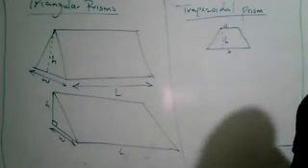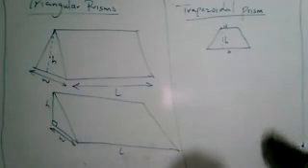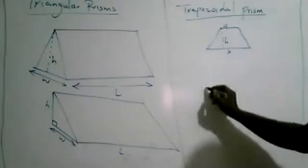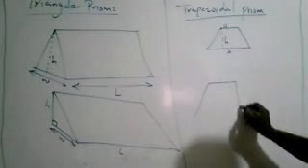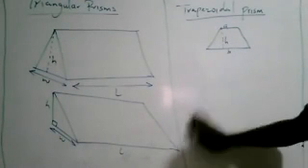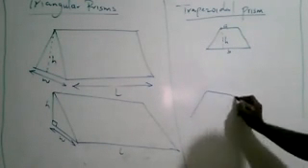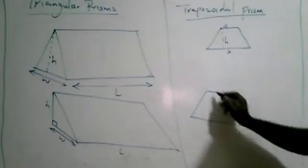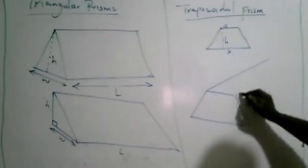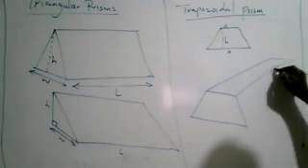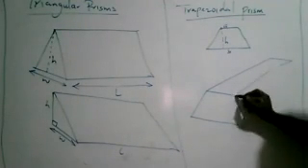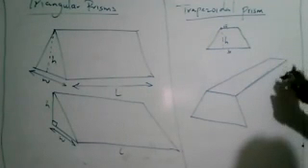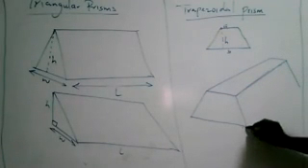Your trapezoidal prism is just something like this. It's just like the 3D shape or the solid shape of something in this shape.